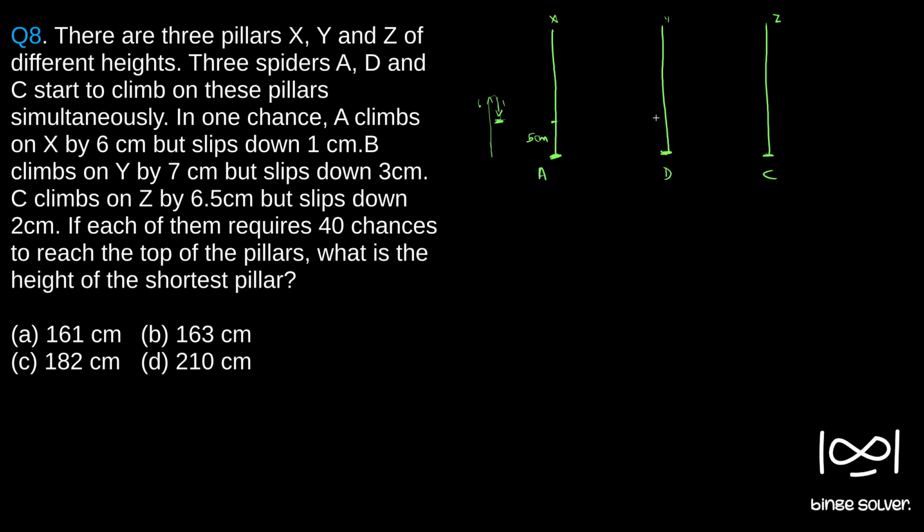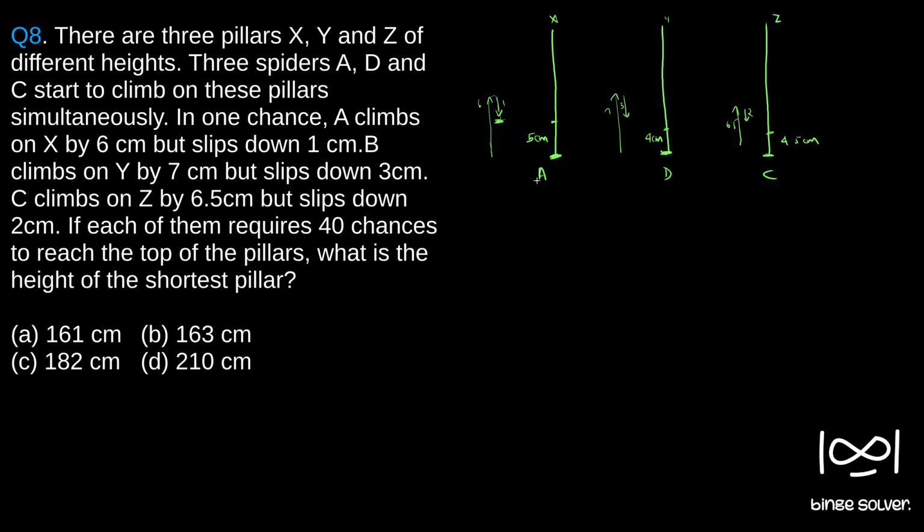Similarly, the effective distance B covers is 7 minus 3, which is 4 centimeters. Effective distance B covers in one single step is 4 centimeters. Similarly, for C, it is 6.5 minus 2, so 4.5 centimeters it covers.